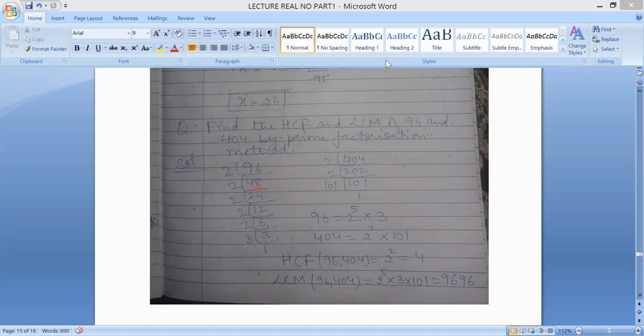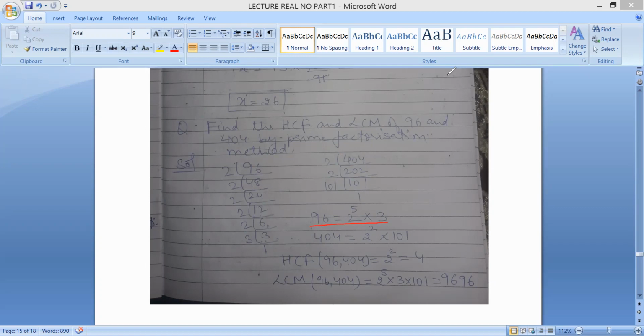Each one knows how to find the prime factors. Again, find the prime factors of 404. After that, 96 can be written as 2 to the power 5 into 3. 404 can be written as 2 square into 101.